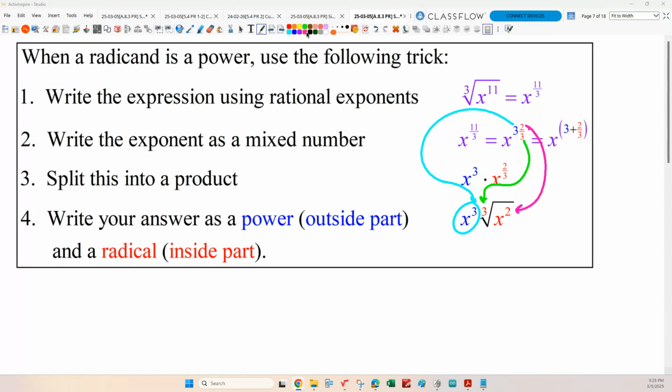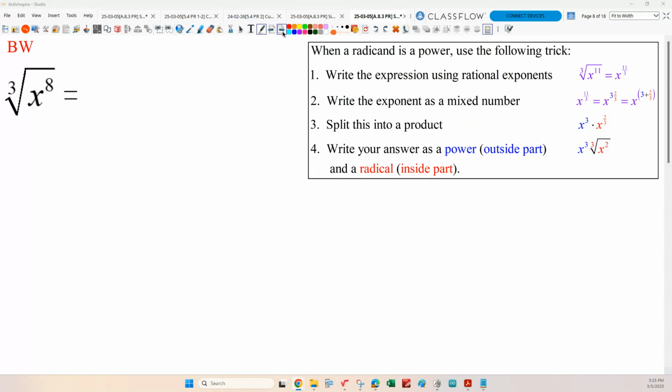Does that make sense? Okay, prove it. Go try one. So, how do I write this? How do I write that as a fractional exponent? What would that be? 8/3, good.